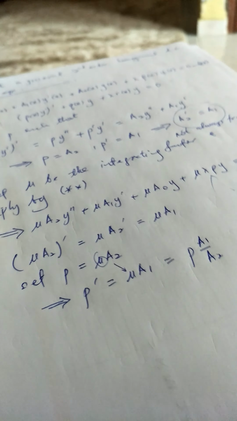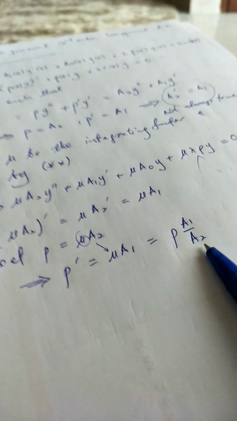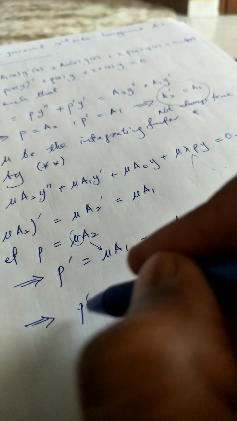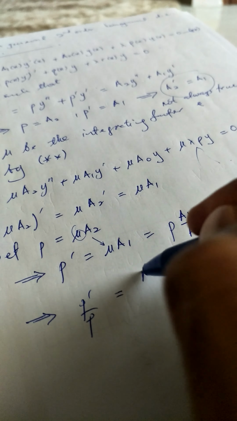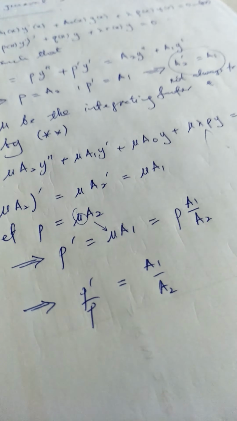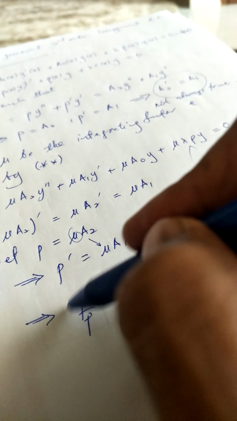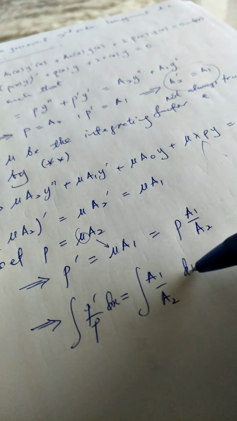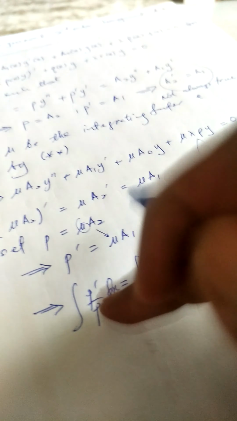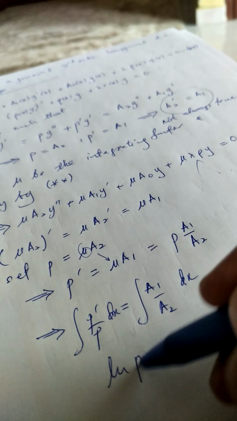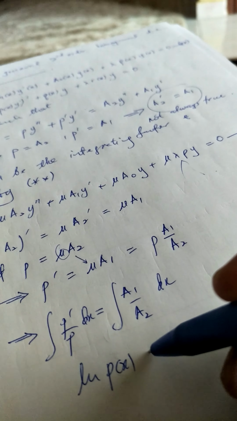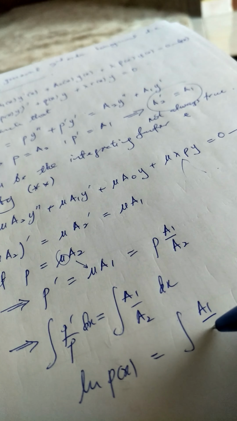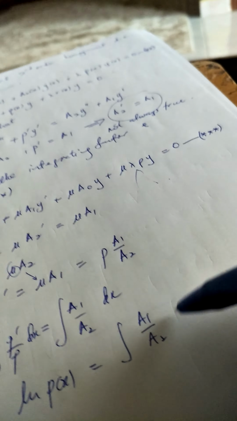Now from here you can separate the variables. We have P prime over P equal to A1 over A2. To solve this, we integrate with respect to x. This gives you ln P of x on the left, and on the right you have the integral of A1 over A2 dx.